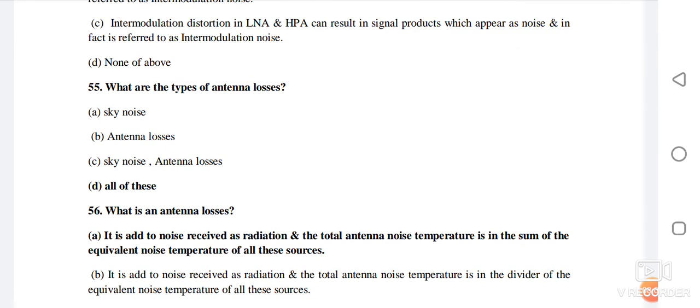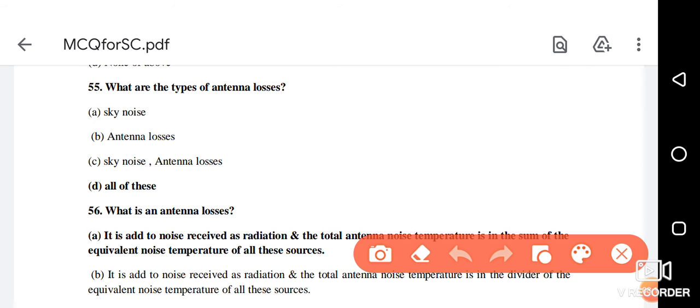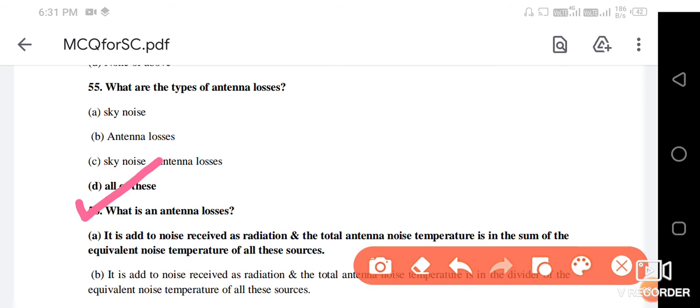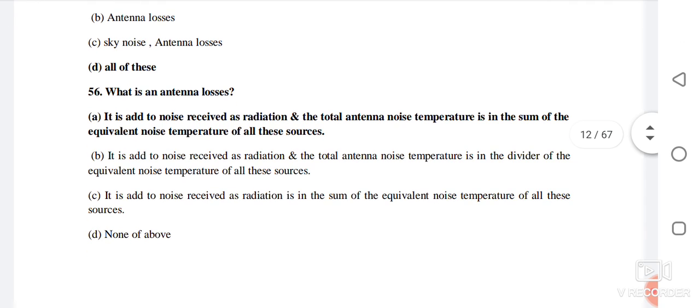What are the types of antenna losses? Sky noise and antenna loss, both are antenna losses. So the right answer is all of the above. What are antenna losses? The received radiation and the total antenna noise temperature is the sum of the equivalent noise temperatures of these sources.